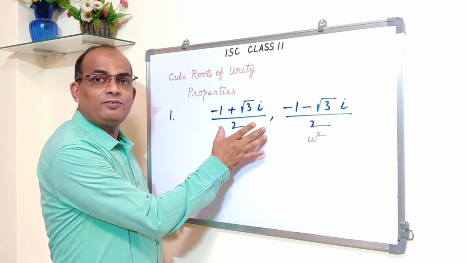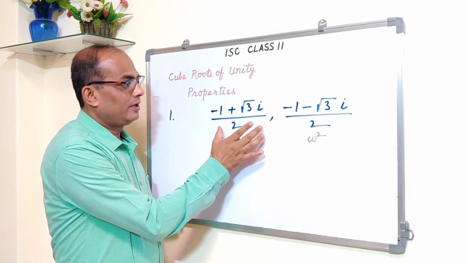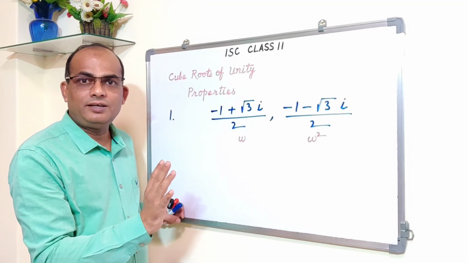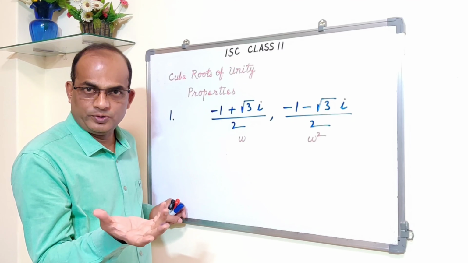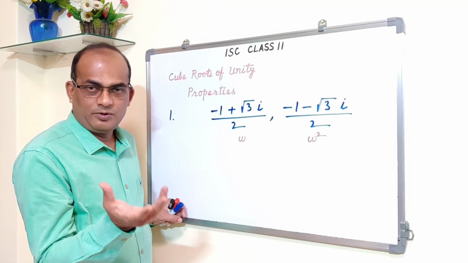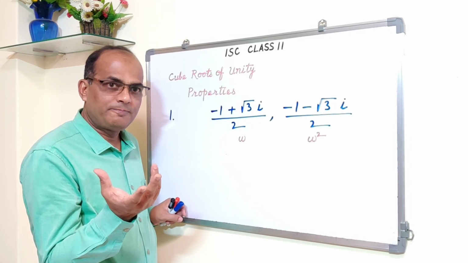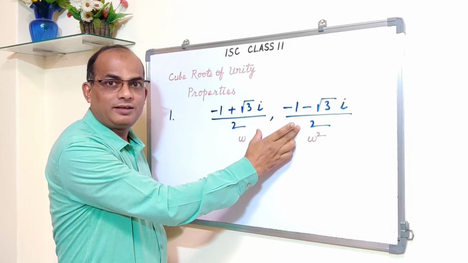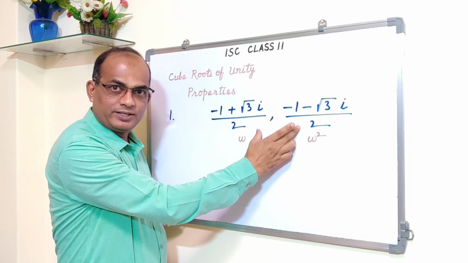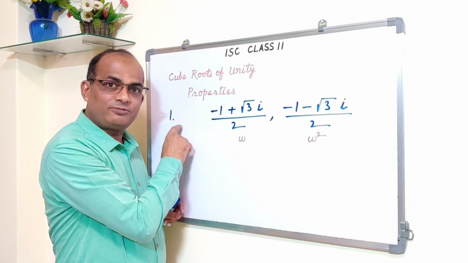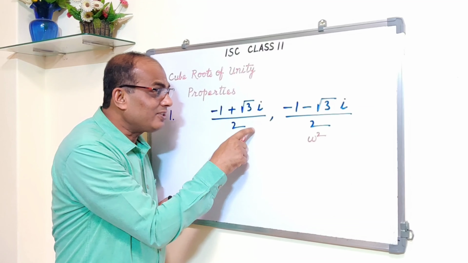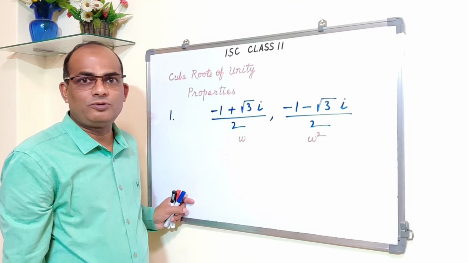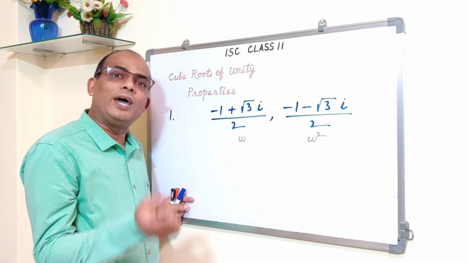In my previous lecture, we found out the three cube roots of unity. Out of the three cube roots of unity, these two are complex numbers, the complex cube roots of unity. The first property says each complex cube root of unity is the square of the other.